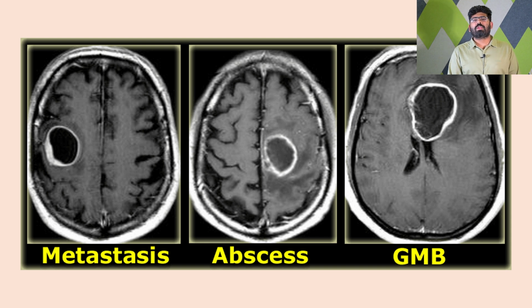Usually on post contrast, if the lesion is of fairly big size, you have to see whether the wall is smooth or irregular, nodularity of the wall, and diffusion. So central diffusion restriction or peripheral wall diffusion restriction, and metastasis shows extensive edema, and all these will differentiate one from the other.